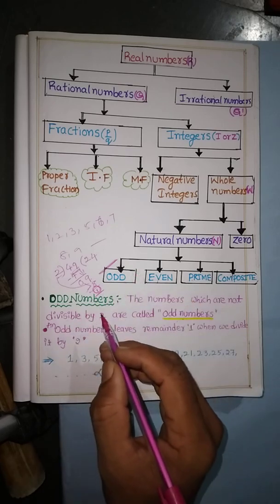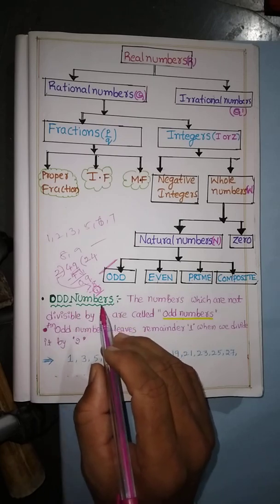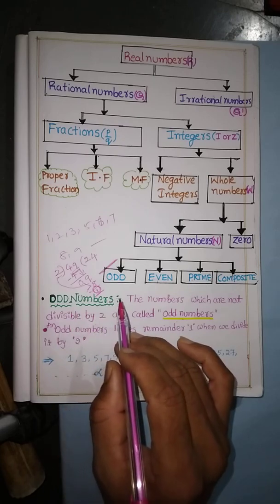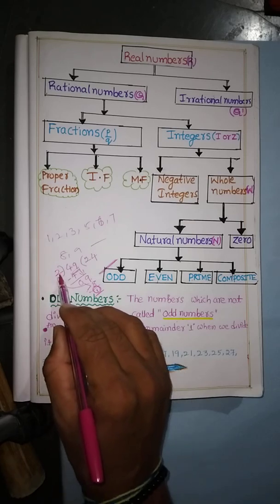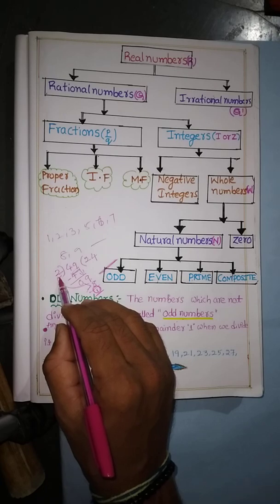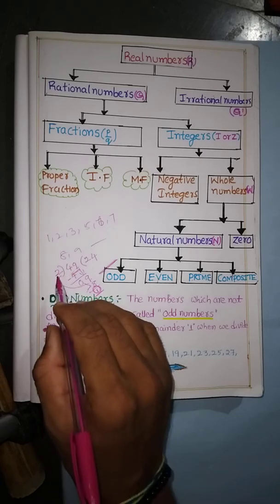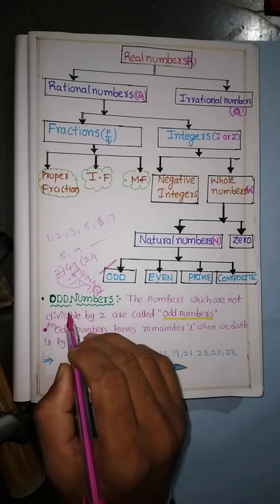At that time, how can you say the given number is odd or even? If you use this process, it will take more time, and it is a time-consuming process.